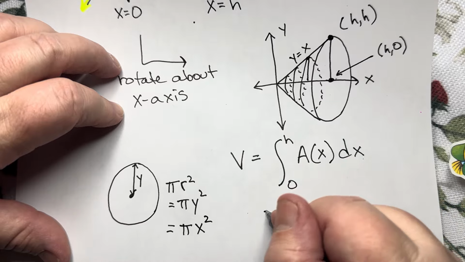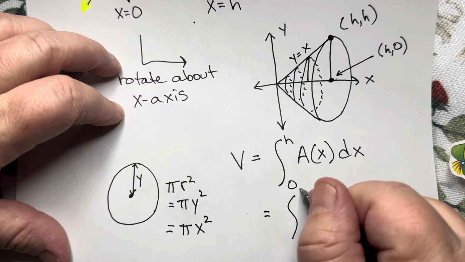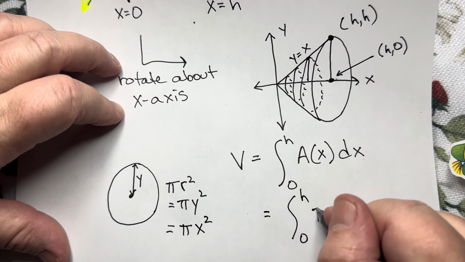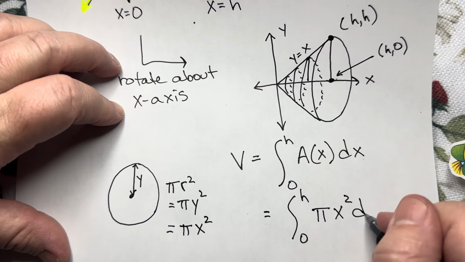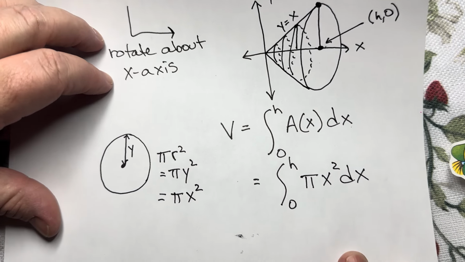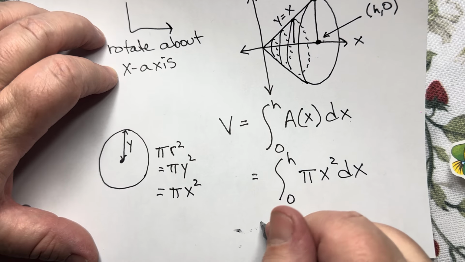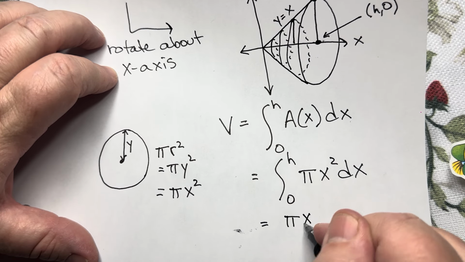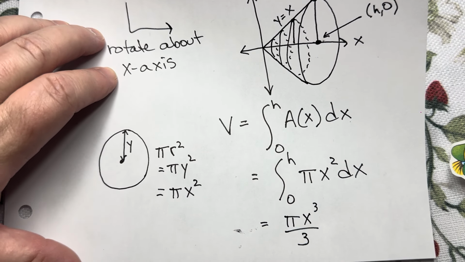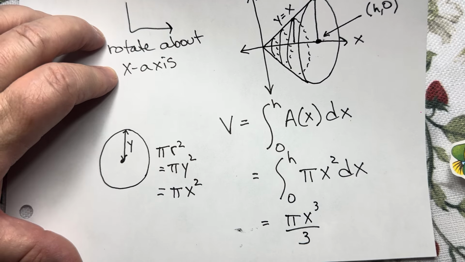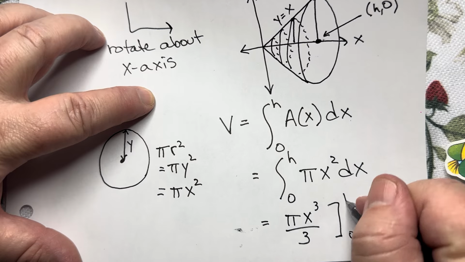Okay, so the volume is going to be the integral from 0 to h of pi x squared dx. But you guys can integrate that pretty easily, right? That's just pi x cubed over 3. We add 1 to the exponent, divide by the resulting exponent, between 0 and h.